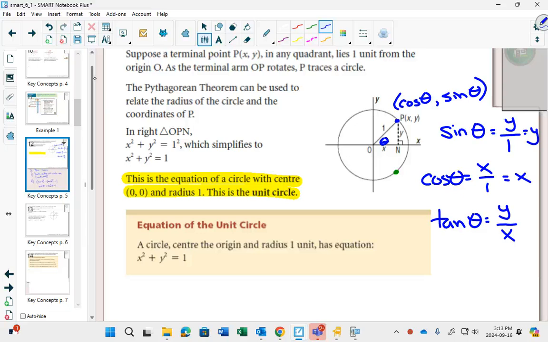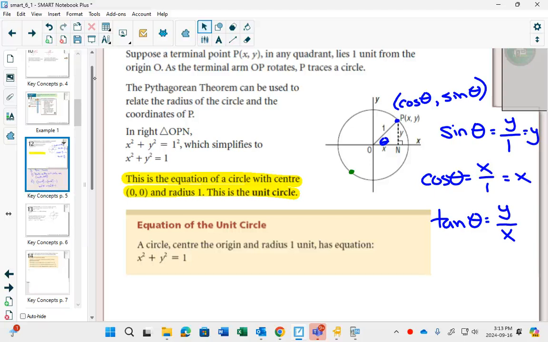If you check, your CAST rule works then for tan too. Because, for example, tan is positive in quadrant 3 according to your CAST rule. In quadrant 3, both your x-coordinate and your y-coordinate would be negative, but a negative divided by a negative makes a positive answer.